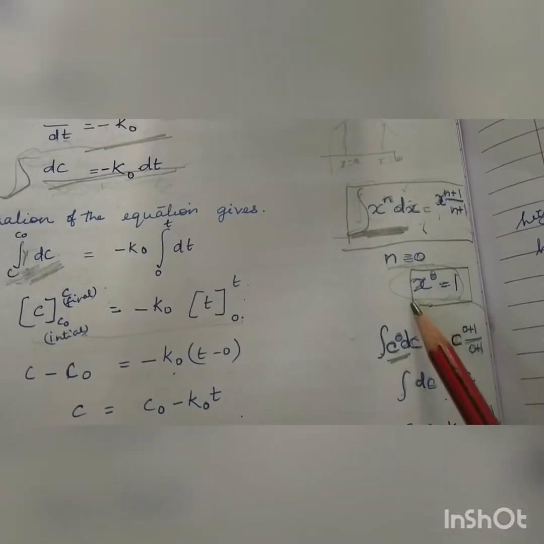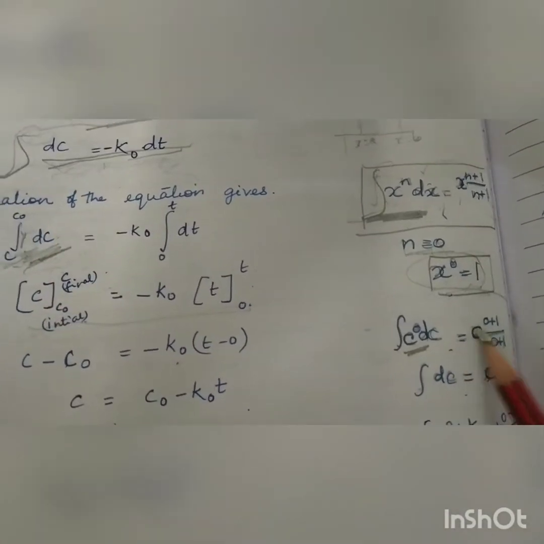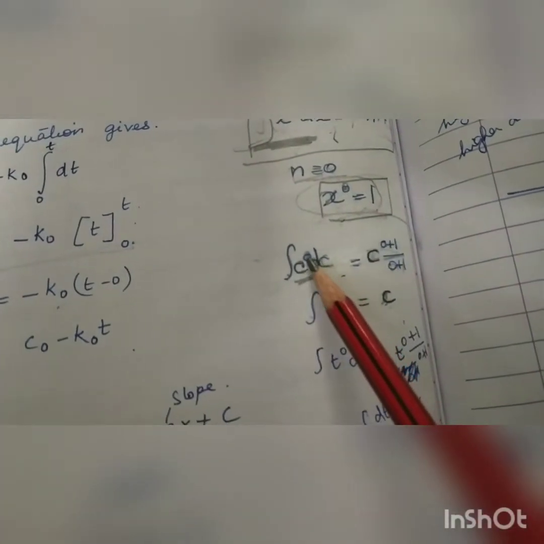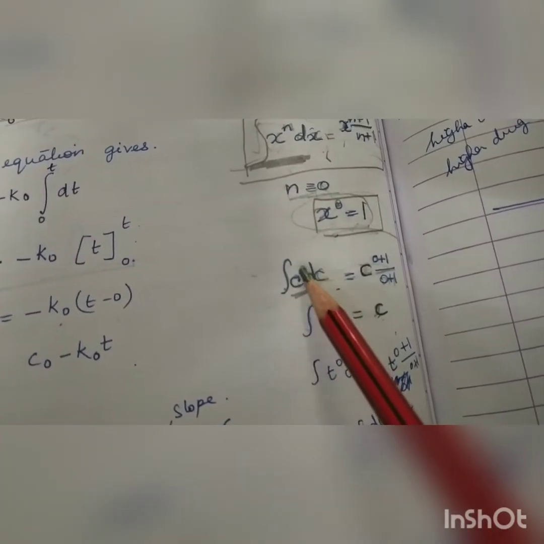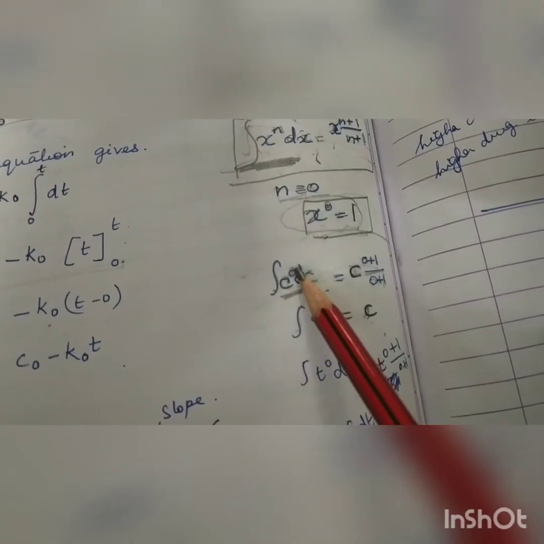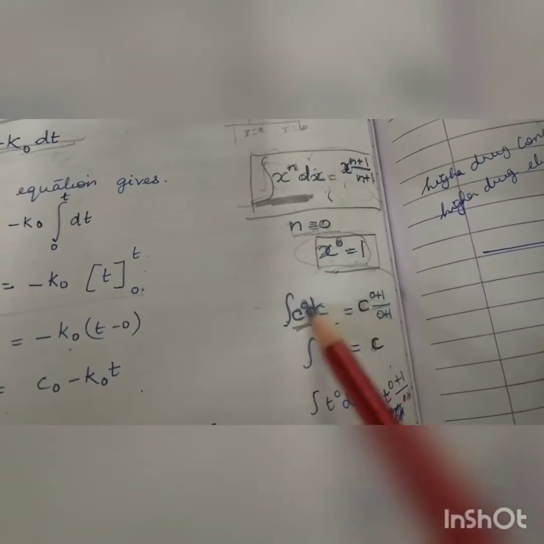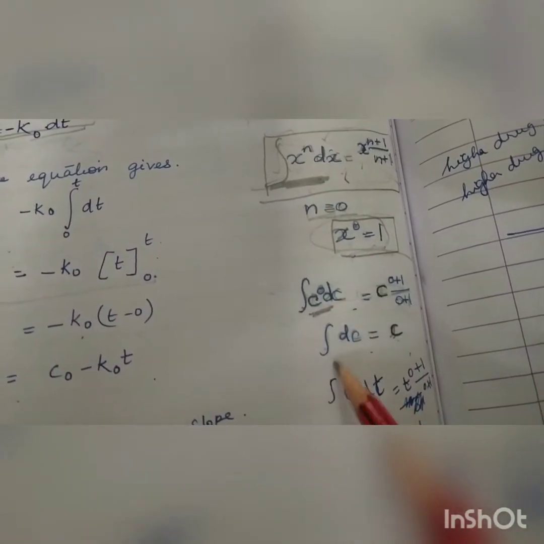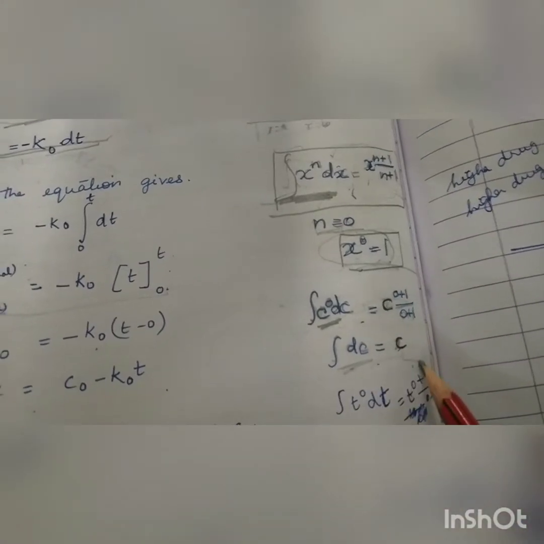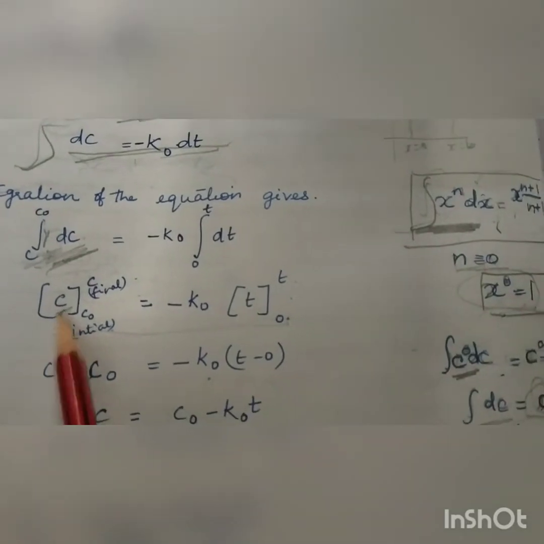Instead of x we use C, so we are integrating dC. The integral of C to the power 0 dC is equal to, applying the same formula, since we are integrating dC, instead of x we use C. The value will again be 1, so the integral of dC is equal to C.